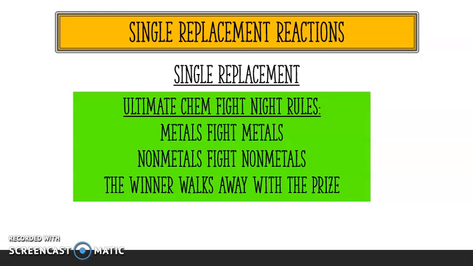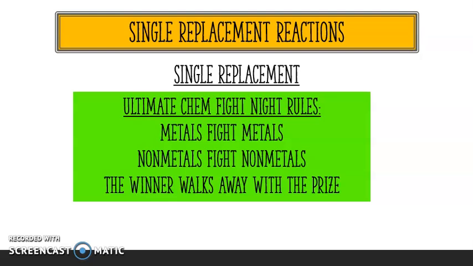Number one, we need to figure out which two elements are going to go head to head and duke it out for the position on the inside of the compound. First of all, metals can only take on other metals, and nonmetals can only take on other nonmetals. It is impossible for these two different classes of elements to take each other on.